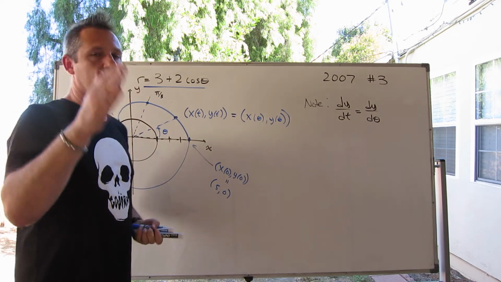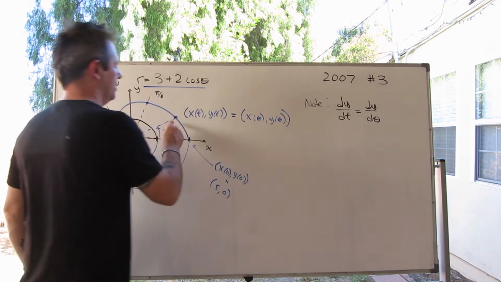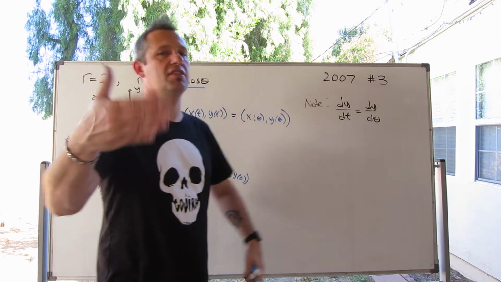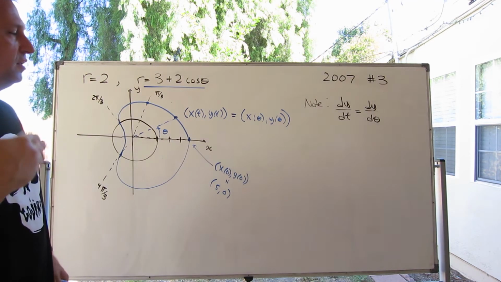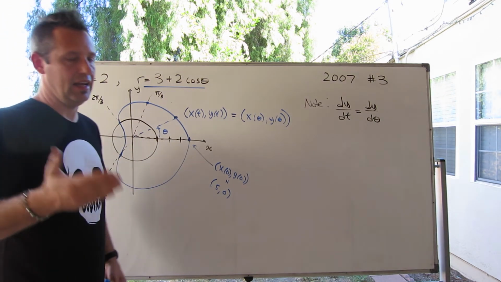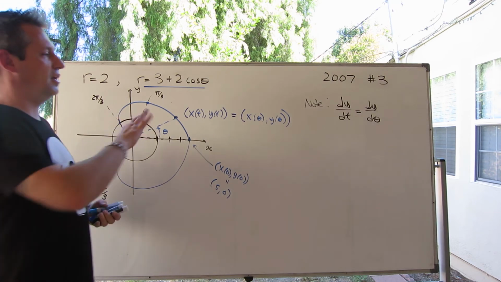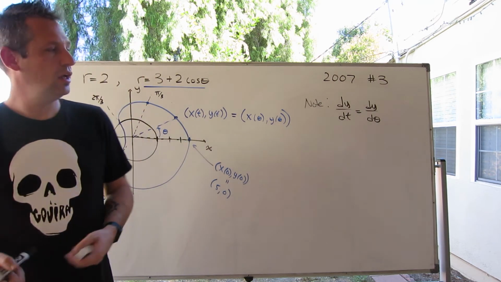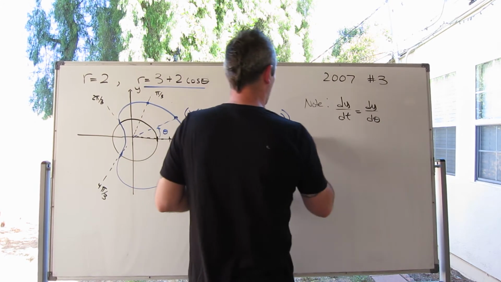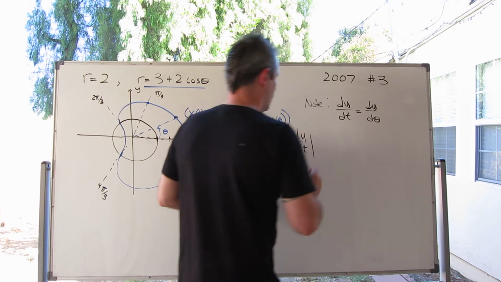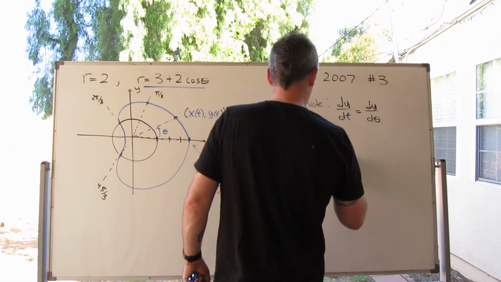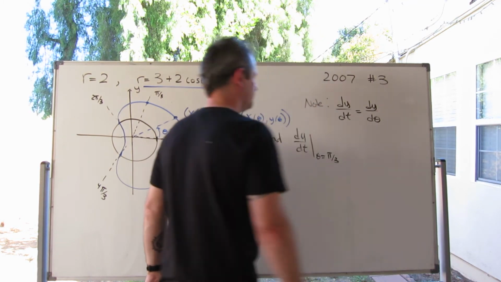So the rate of change of the y coordinate of this particle at any moment in time is the same thing as the rate of change of the y coordinate with respect to the angle theta, basically because t and theta are playing the same role. Now what do they want us to find? They want us to find, and interpret, what dy dt equals when theta equals pi over 3.